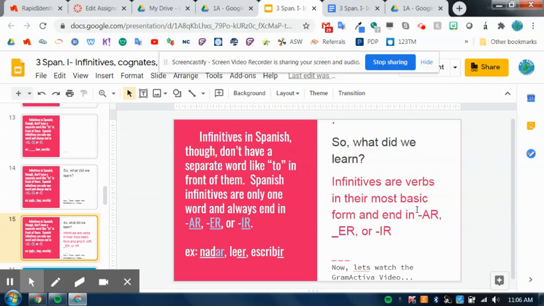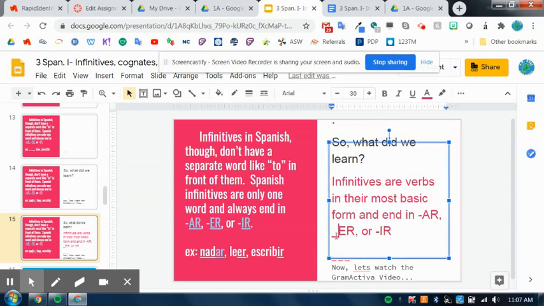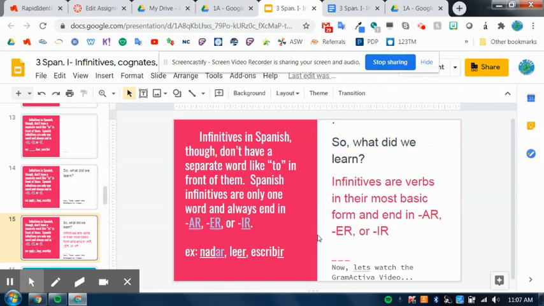So up until now, all of the verbs you have learned have all been in the infinitive forms. They've all ended in AR, ER, or IR. In the coming weeks, you will start taking those AR, ER, and IR endings off, and you will start changing them from, for example, to swim to I swim.